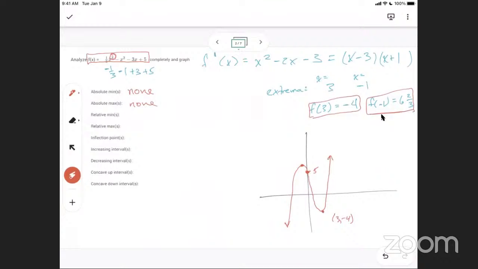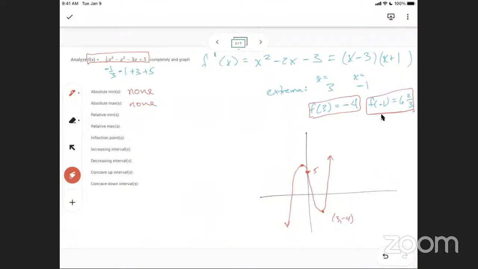If it was an even degree function, then there would potentially be a min point or a max point, because both ends would be going the same direction. But when it's an odd degree polynomial function, it's never going to have an absolute max or an absolute min, because the end behavior is to infinity in opposite directions.